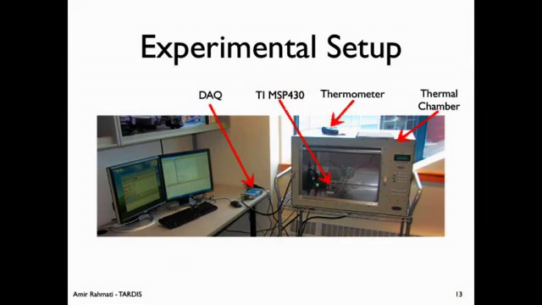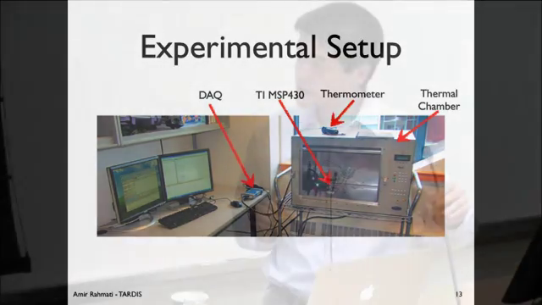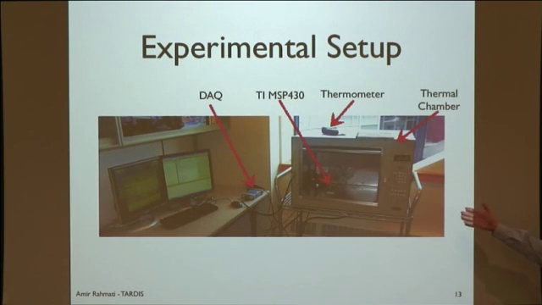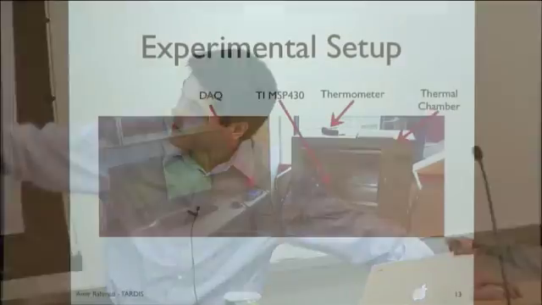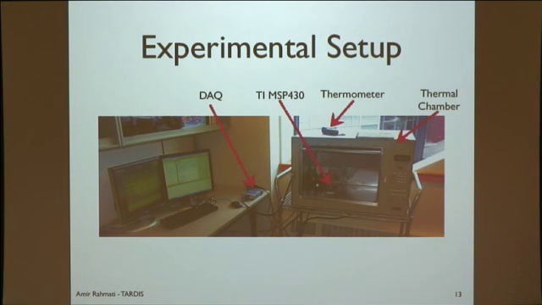So as to the question about the thermal setup, this is how we ran the experiments. I think the pictures are pretty clear up there, slide 13. What we have is what's called a thermal chamber or an environmental chamber, and this allows us to precisely set the temperature surrounding the chip that we're doing the test on. We have our infrared thermometer up there to help us gauge the temperature, which is a fairly precise thermometer.